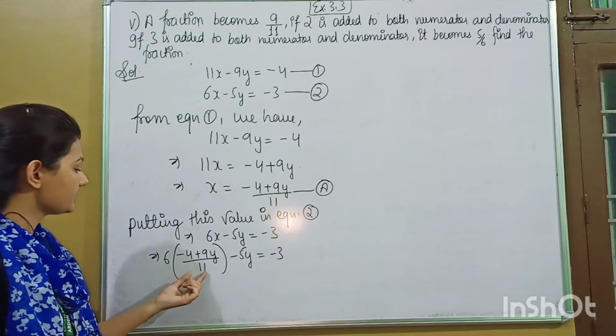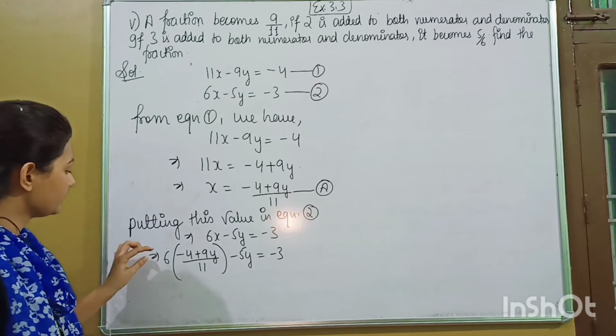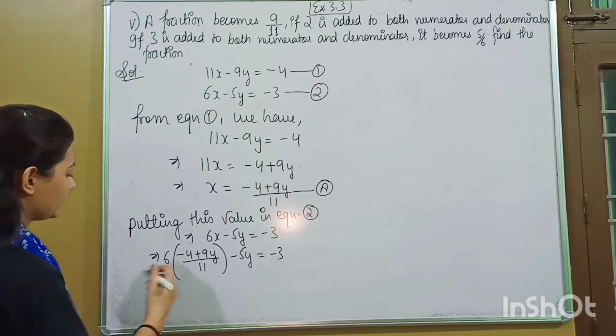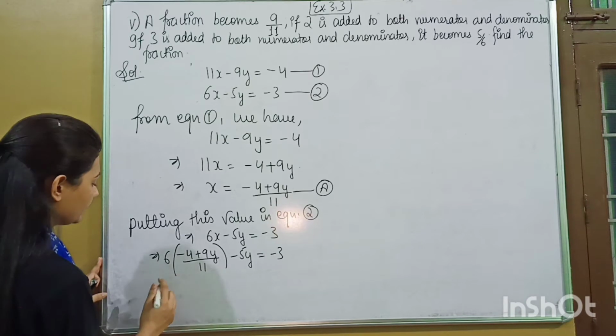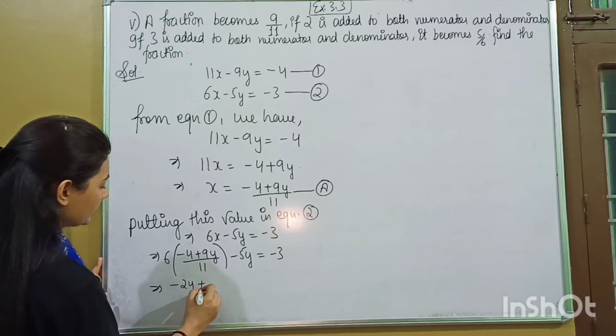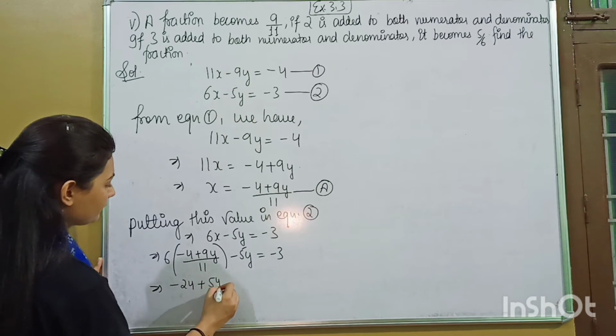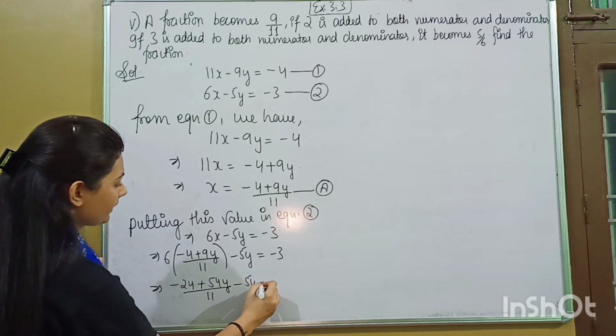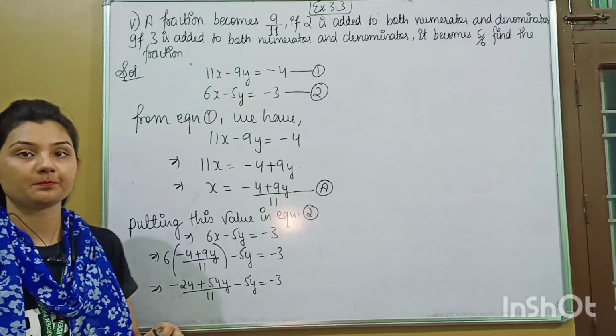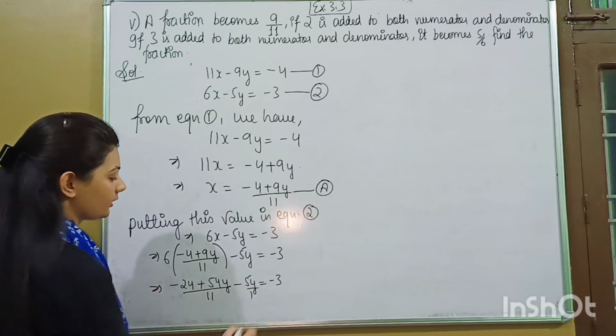See, now these numbers are not getting cancelled. So what we will do, we will multiply this 6 inside the bracket and it will be multiplied by the numerator. So 6 into 4 is 24 plus 6 into 9 is 54y divided by 11 minus 5y is equal to minus 3. So now nothing is written in the denominator here.